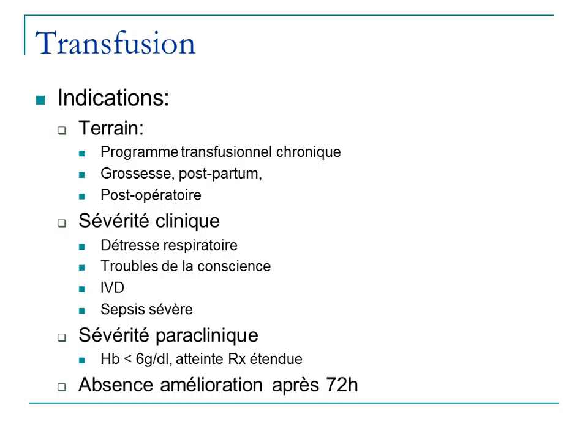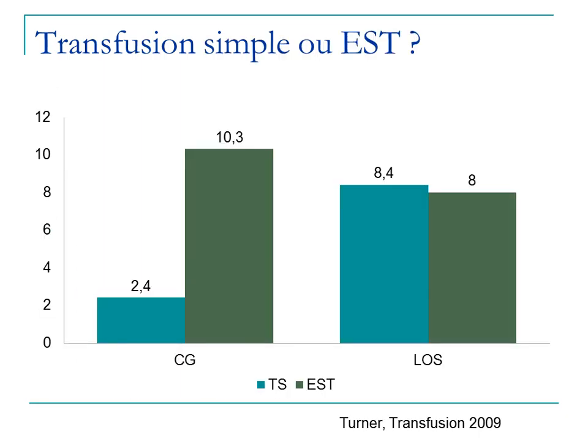Indications: clinical criticality, and we don't yet know whether simple transfusion is better than exchange transfusion. Usually we do the latter, but in this non-randomized cohort there was no real difference.